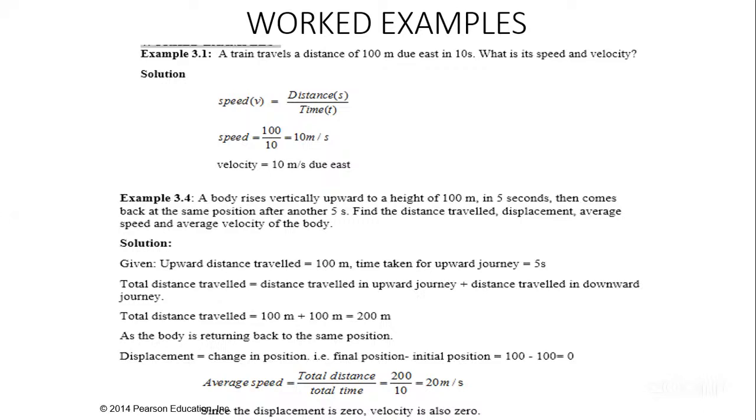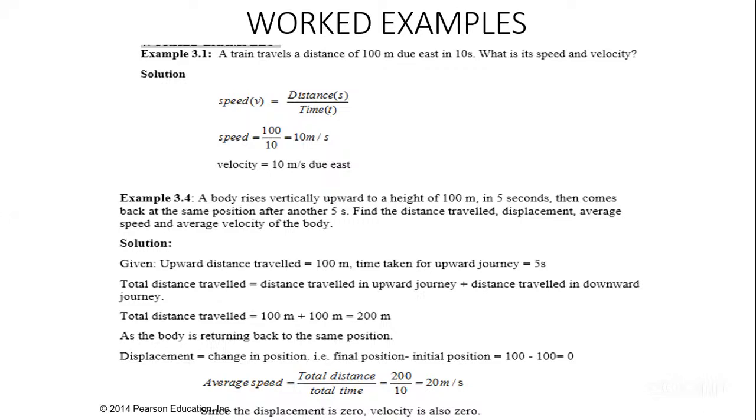That due east makes the distance become displacement, because displacement is distance traveled in a specified direction. But if you just say 100 meters, that is distance.